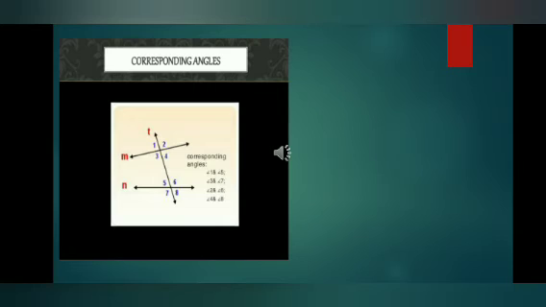Similarly, 4 is the corresponding angle to 8. It will be on the same side of the transversal but with the other angle left out. That is, 2 corresponds to 6 and 4 corresponds to 8. Similarly, on the other side, 1 corresponds to 5 and 3 corresponds to 7. So these angles are called corresponding angles.